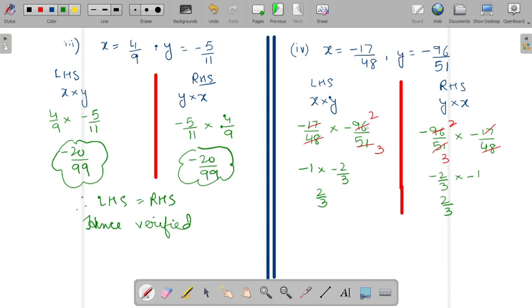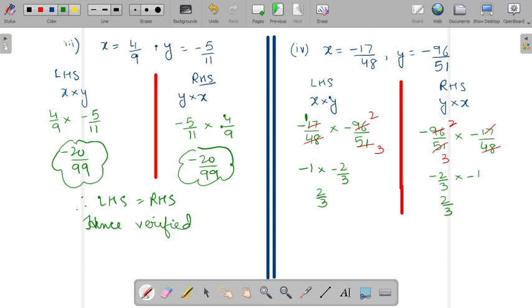Similarly in the fourth part, in LHS, x multiply y. So these are the values, and after converting it in standard form, meaning after cancelling the term over here, you are getting this term. Now multiply minus 1, this is 1, minus 1 multiply minus 2 by 3, meaning upper with upper and lower with lower.